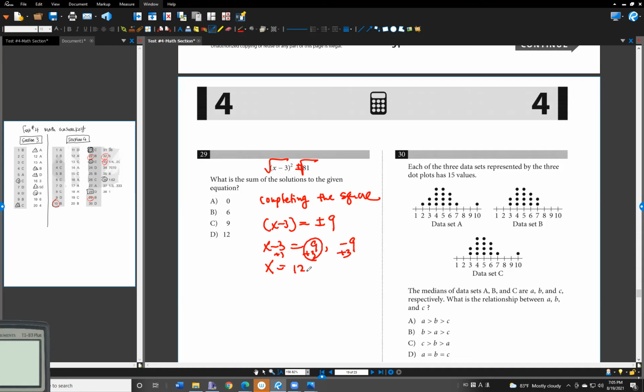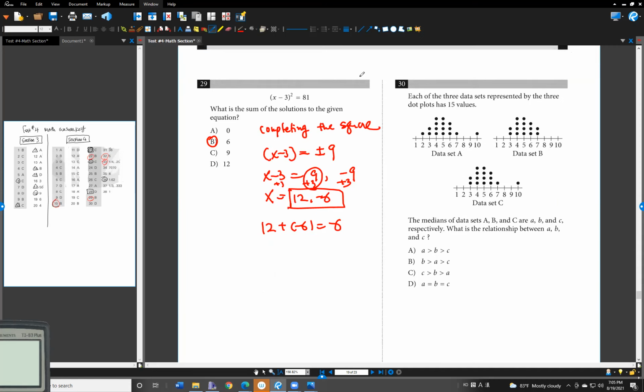9 plus 3 is 12, negative 9 plus 3 is negative 6. The sum of these numbers is 12 plus negative 6 equals 6, isn't it? That's the answer. Or I'm going to suggest using the sum and product of the roots. You can solve it the first way, it's okay, but sometimes they give a little complicated one.